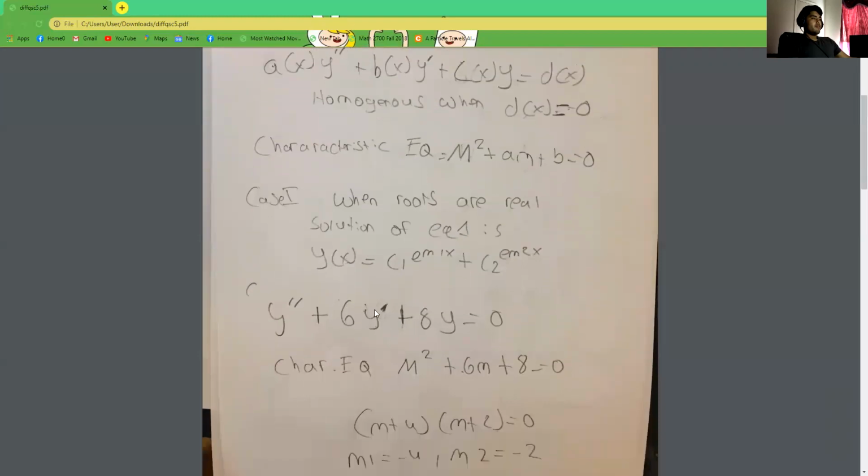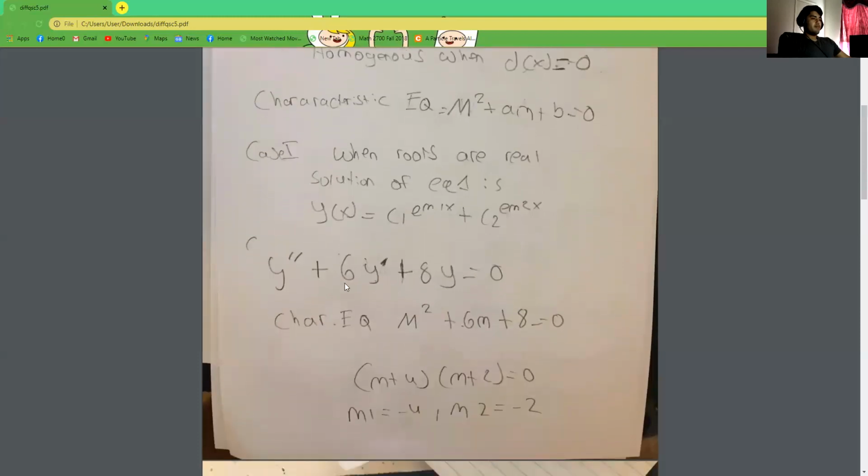So in case 1, when roots are real, the solution of equation 1 is going to equal y(x) equals c1 e to the m1x plus c2 e to the m2x. So here's our equation: y double prime plus 6y prime plus 8y equals 0. We plug that into the characteristic equation.